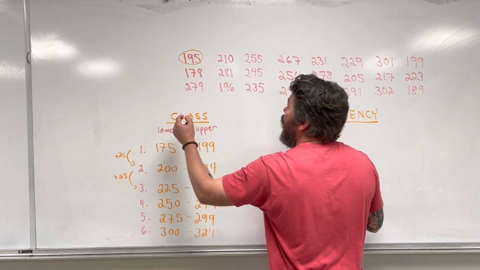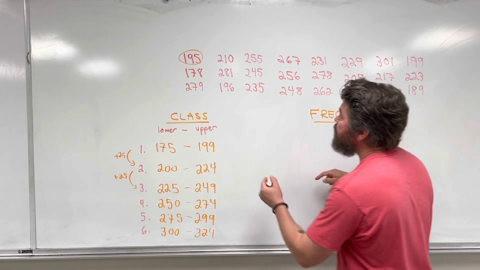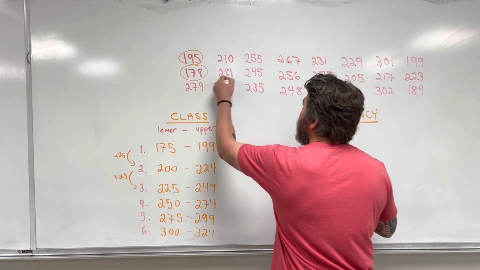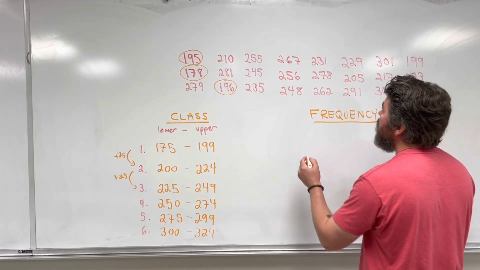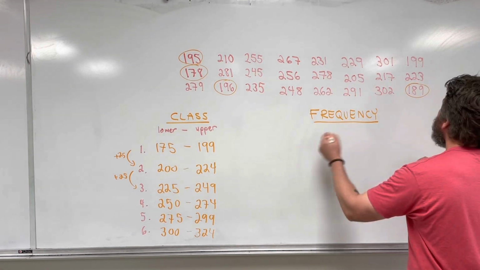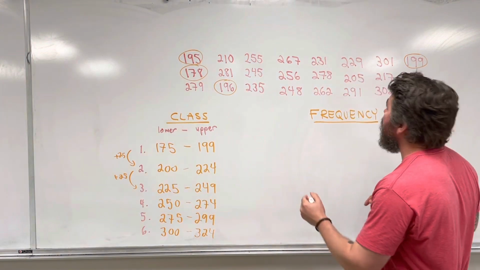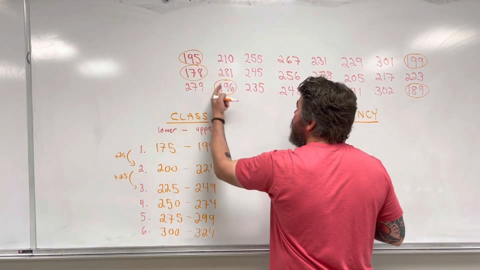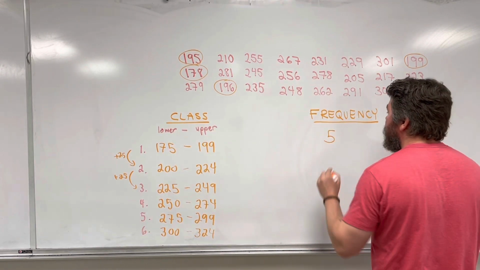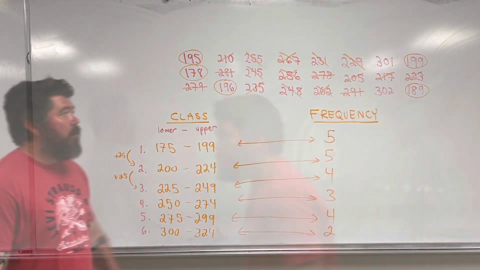Notice that 195 is in this range. 178 is also in this range. 196 and 189, and finally 199, because we can include the endpoints. So now we count 1, 2, 3, 4, and 5. So the frequency for our first class is 5.